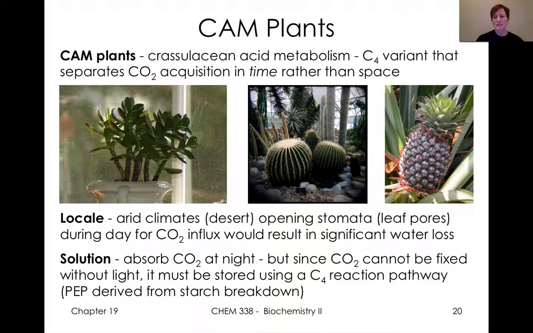So they fix this CO2 without light, storing it as malate, as that C4 reaction pathway intermediate, and then they can liberate it during the day and use it to undergo the dark reactions. So that's it for photosynthesis. Pretty cool stuff, I think, especially as we find parallels with mitochondria.